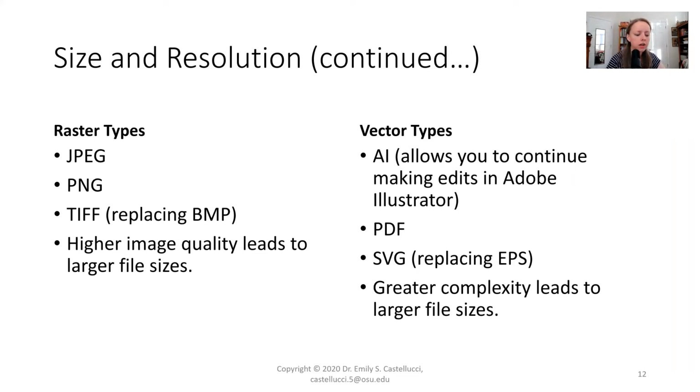Another vector file type is the PDF. We've been using a lot of PDF exports. We have been creating vectorized files for the most part when we have been creating PDFs. That means that we can zoom in, zoom out, and for the most part, the image doesn't pixelate. Instead, it remains nice and crisp. That is generally true of all vector types.